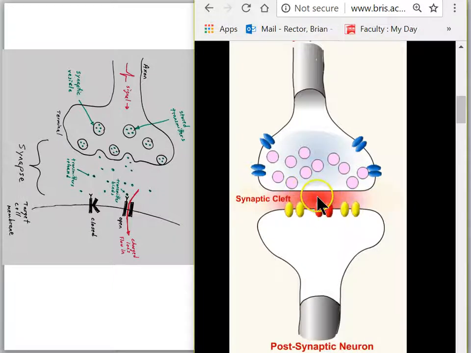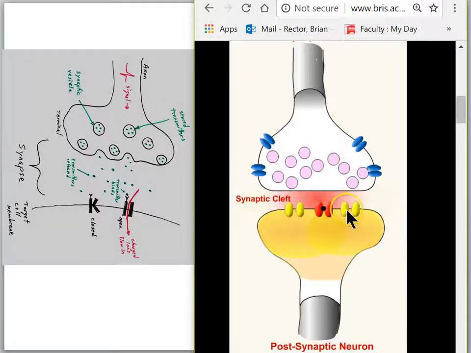Now, the red neurotransmitters have diffused across the synaptic cleft, they call it, and these yellow channels were closed a moment ago, but the neurotransmitter links up like a key in a lock and opens up these channels, and through these channels, ions will flow into the target cell. So this would be the spine on a dendrite.